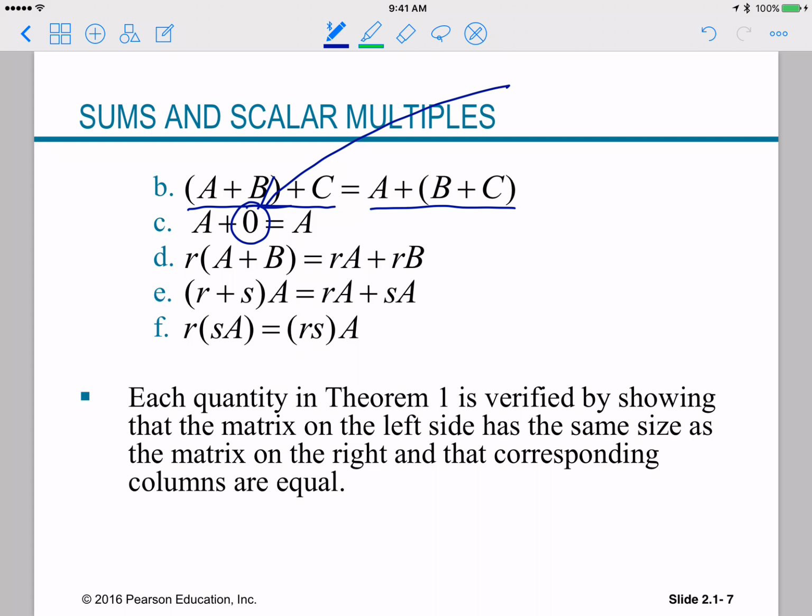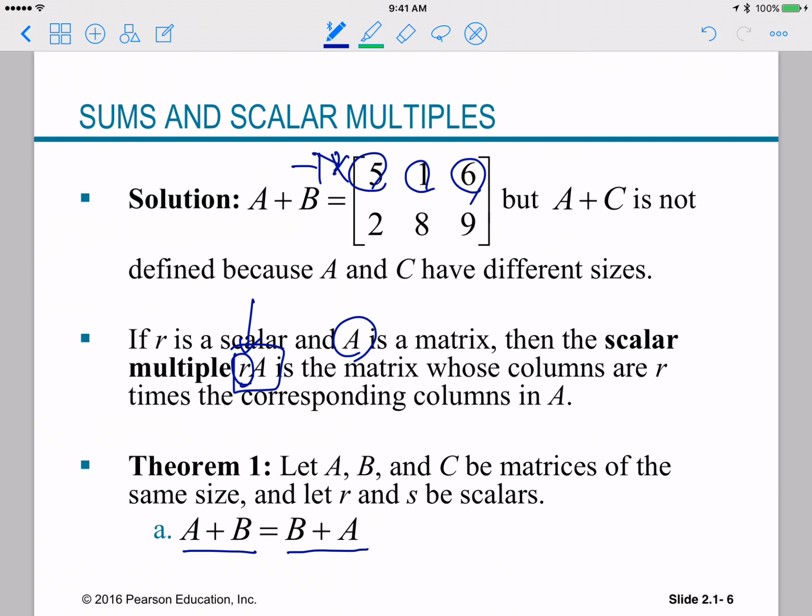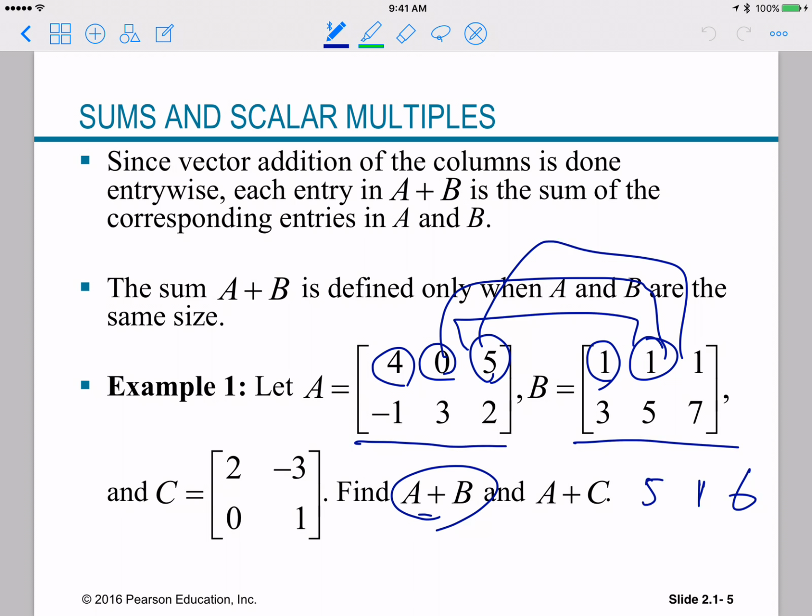What should that be? Is it a scalar, vector, matrix? Yeah, right. It should be the matrix, because we can only define the addition between a matrix and some other entity when that second entity is a matrix of the same size.